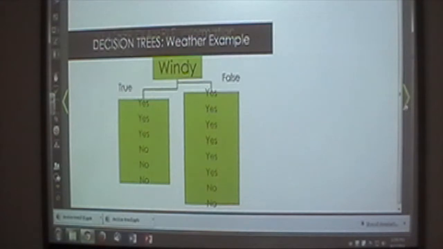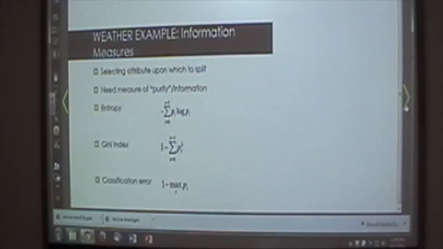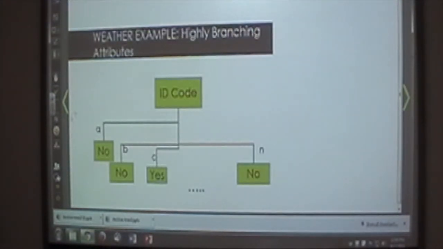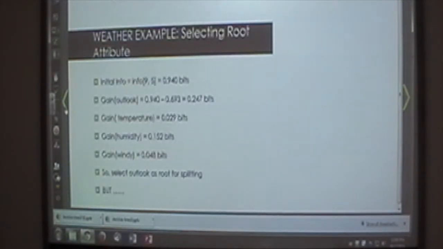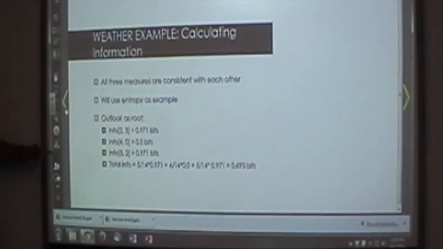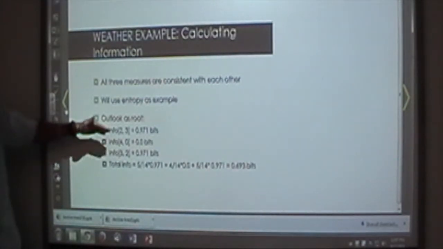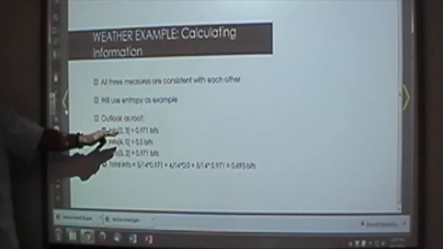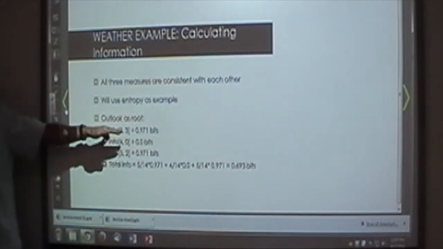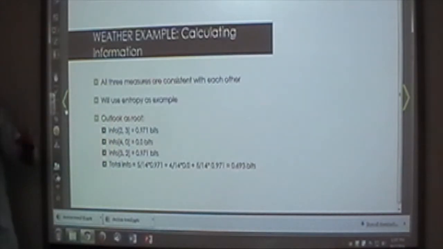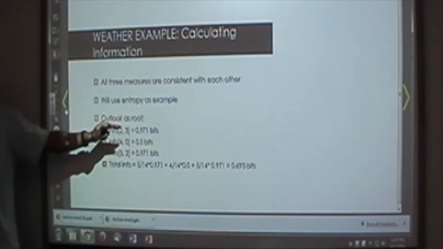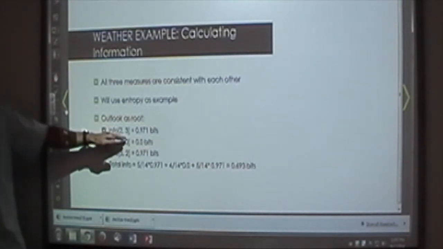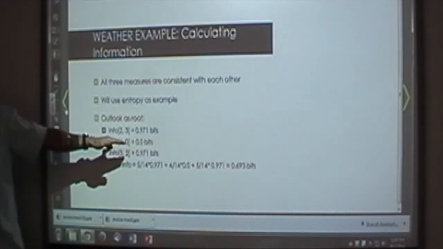We're going to try to find the information. So if we use outlook as root, we have these 3 different branches. We have the information 2, 3. And the question came up, how do we actually calculate that? That goes back to the entropy calculations. Notice we had 2 yes instances and 3 no instances.